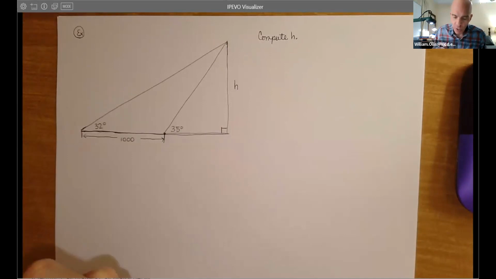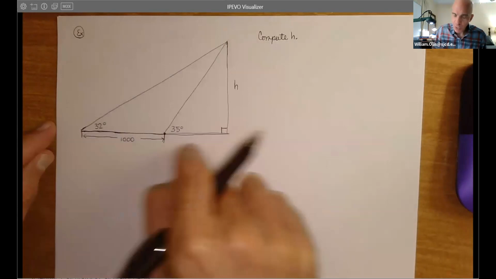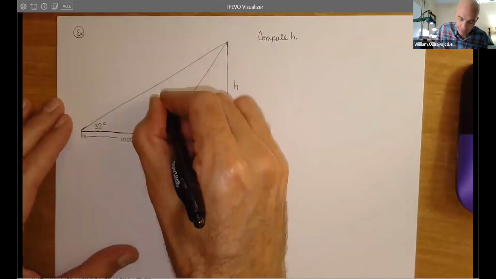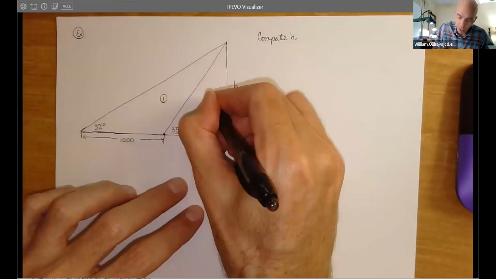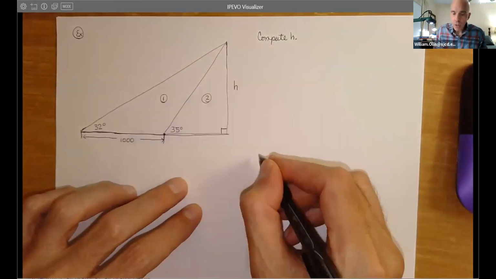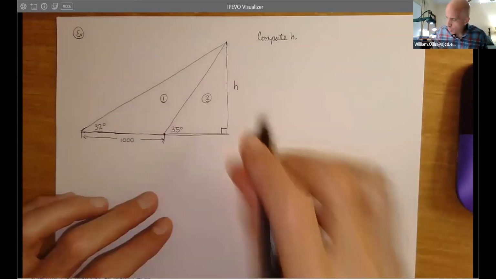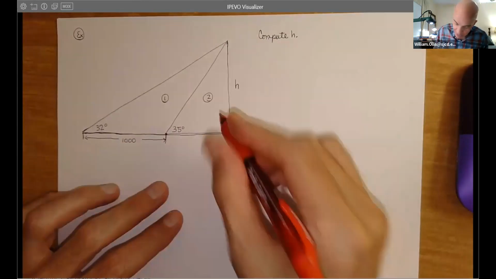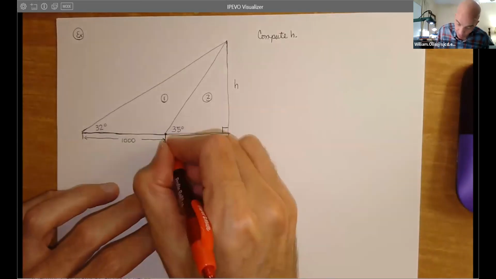So what we want to do is first notice that we have this large right triangle. We're going to call that 1. And then we have the smaller right triangle here, which we're going to call 2. So when we do this problem, let's go ahead and specify that this side of this right triangle, we can just denote by our favorite letter X.